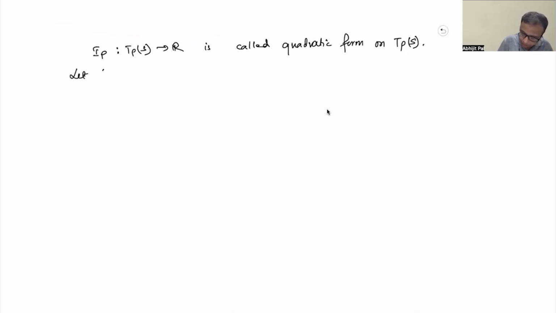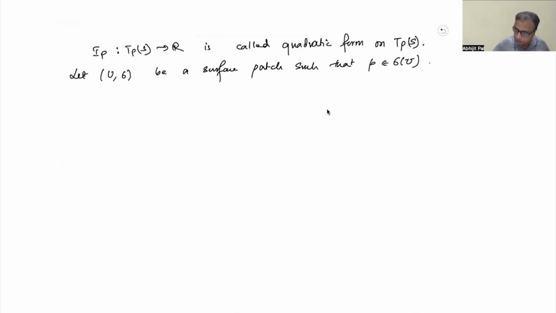Let U, sigma be a surface patch such that this P belongs to sigma(U). Let me draw a picture.